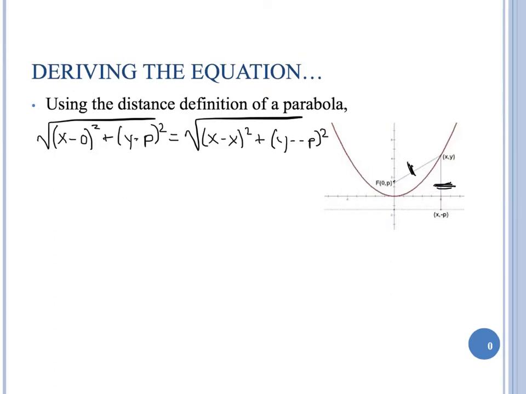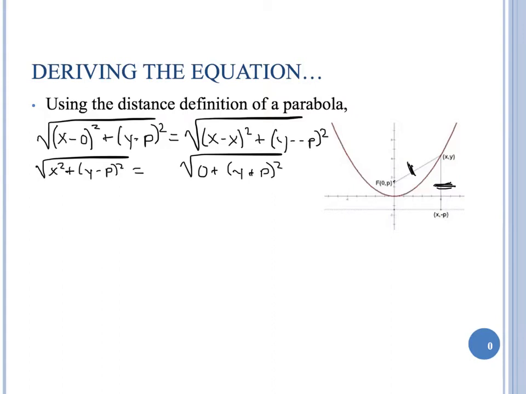So let's see what happens as I work through the algebra. On this side, I'm going to have x squared plus y minus p squared equals, and on this side I have 0 plus y plus p squared.